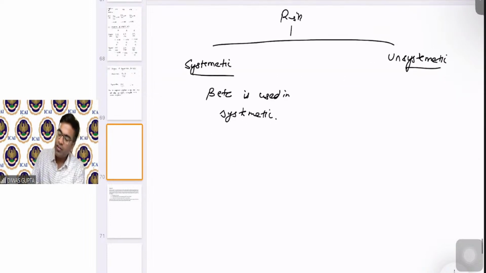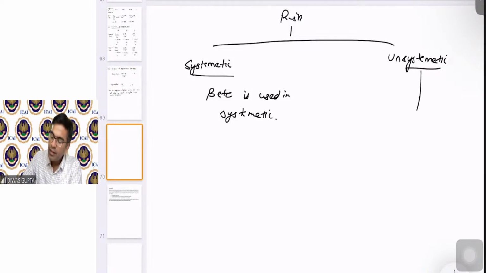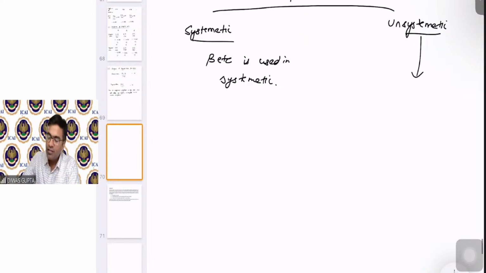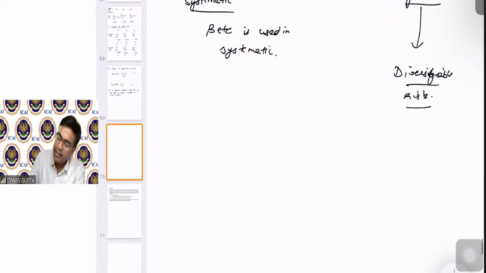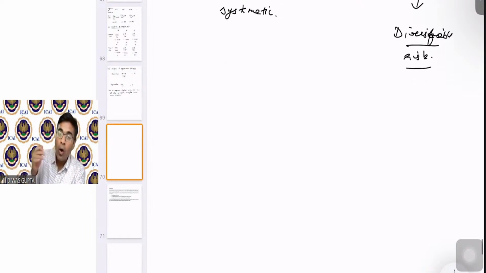Now, one thing which I also want to cover now is in case of unsystematic risk, we said that these are diversifiable risk. Correct. And it can be diversified by investing in more and more companies. The unsystematic risk will become zero. How we can do that?